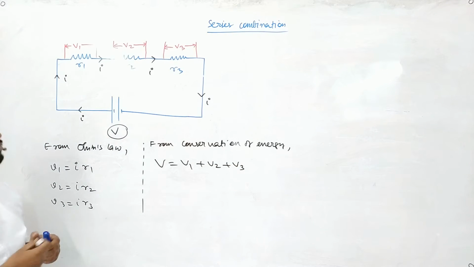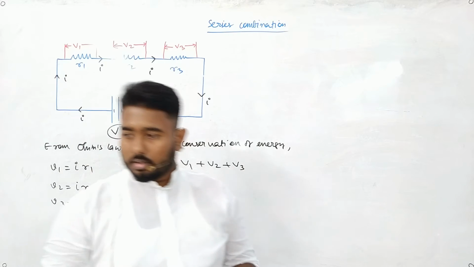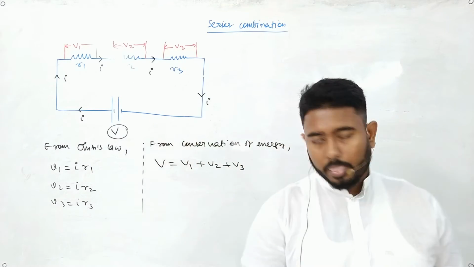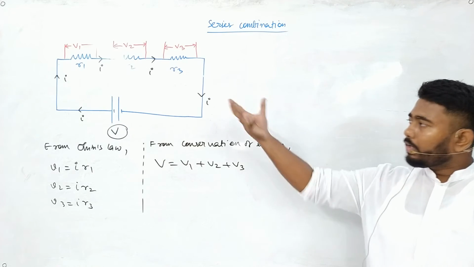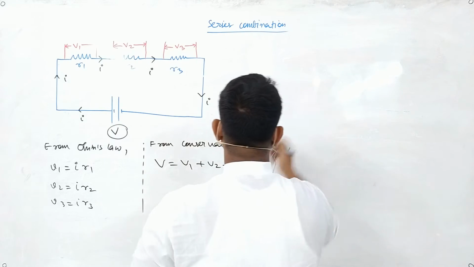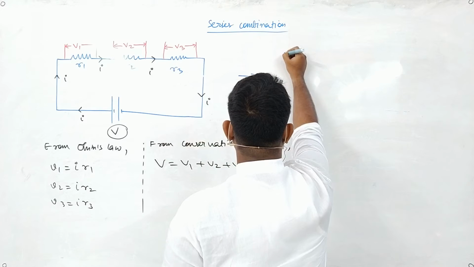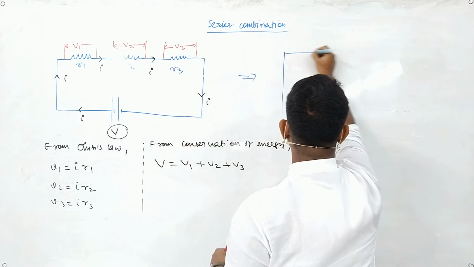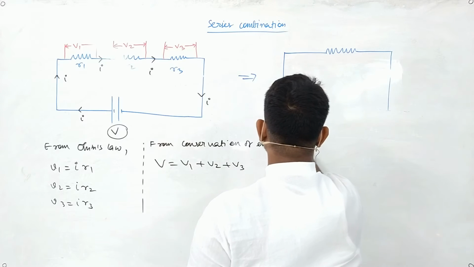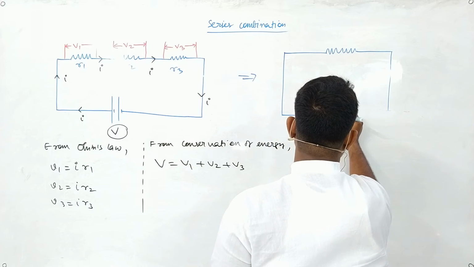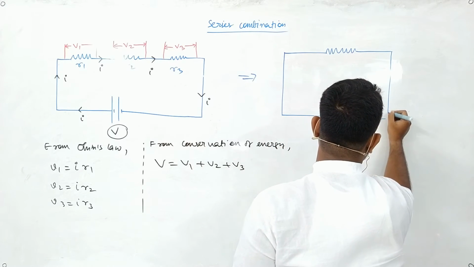Clear? Now suppose I imagine a circuit in which I am replacing it with a single resistance which will give the value equivalent to the 3 resistances connected in series.